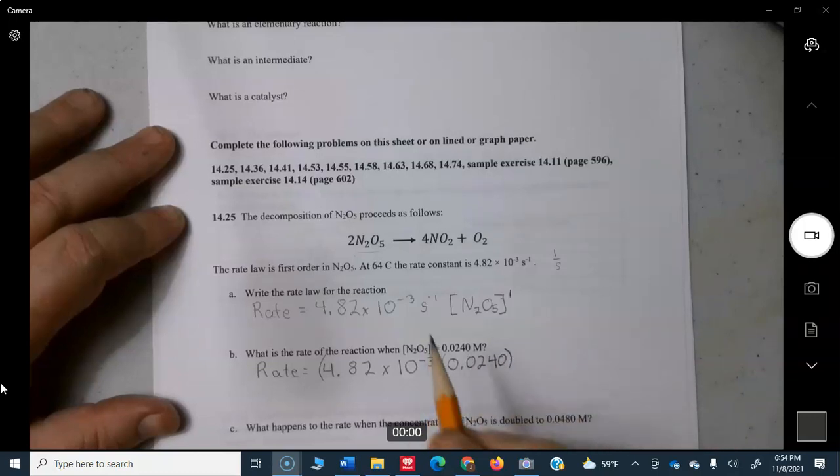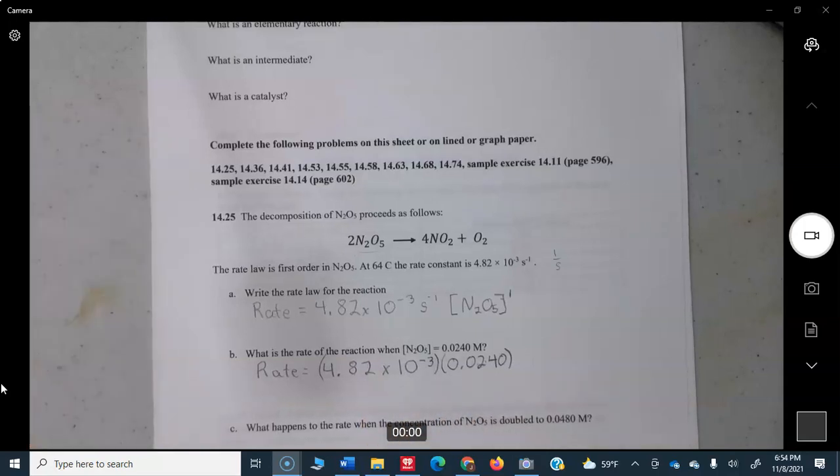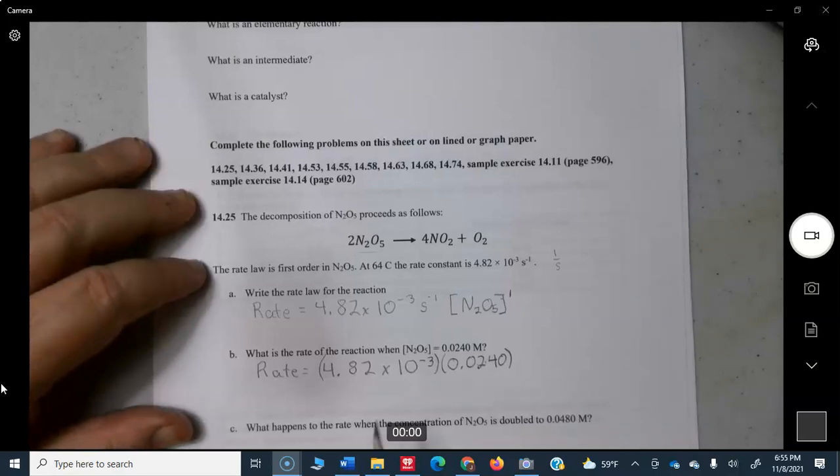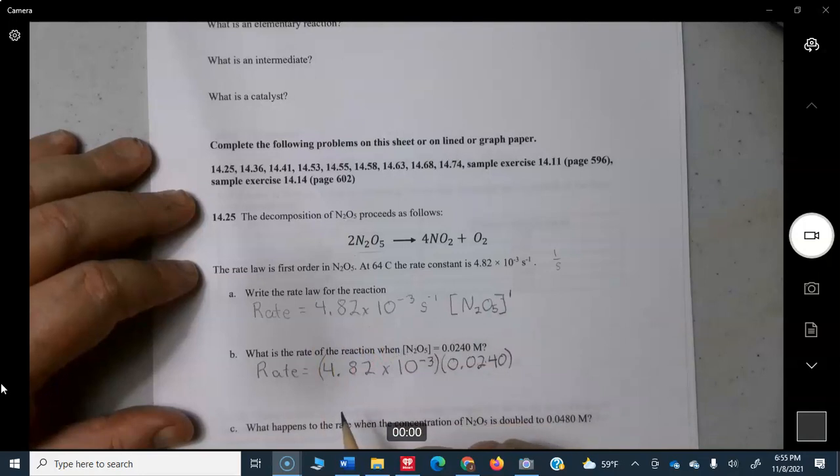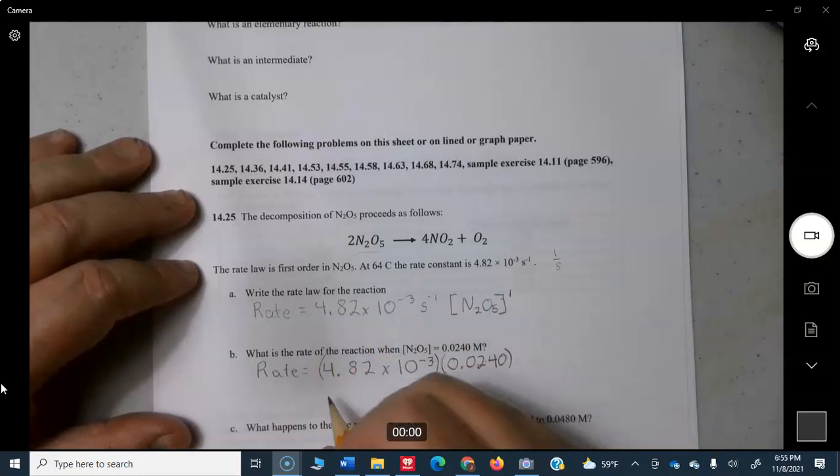Remember, when you have a scientific notation and a non-scientific notation, you just treat this like a coefficient. So you multiply this with the coefficient. And so that's going to give us 4.82 times 0.024, and that gives us 0.1156. We'll call it 0.116.